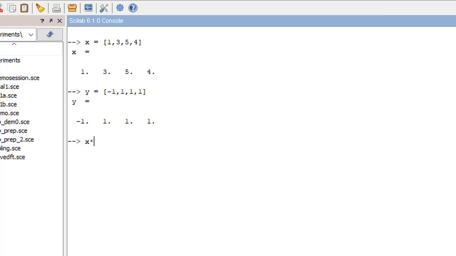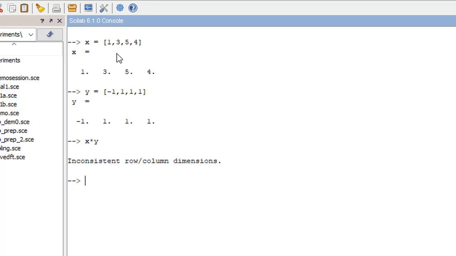If I try to multiply x with y, what am I expecting? It's not possible, right? I get an error, because the dimensions mismatch. But I can do element by element multiplication. What I want is 1 multiplied with minus 1, 3 with 1, 5 with 1, and 4 with 1.